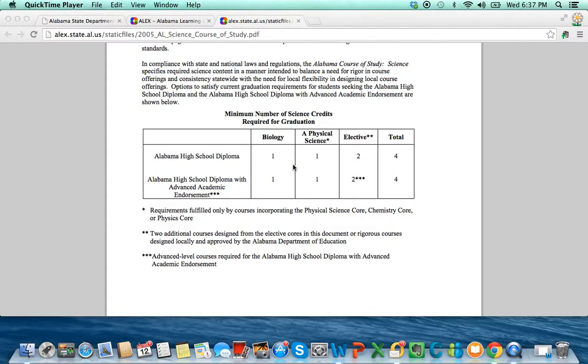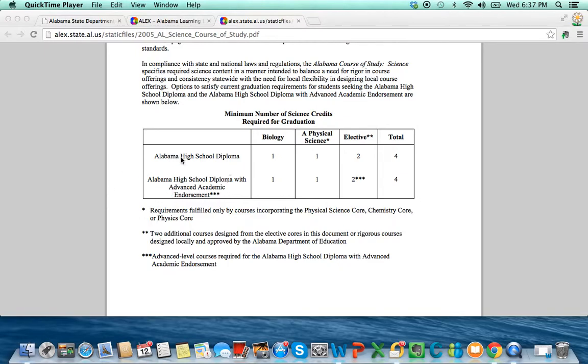Every student in the state of Alabama has to take a course from the physical science core. Now, there are 3 courses that meet that criteria. Students could take physical science, could take physics, or could take chemistry. And then they are to take 2 other science courses for a total of 4 courses. So they must take 4 courses during their course.